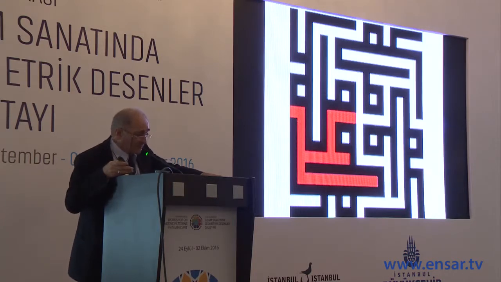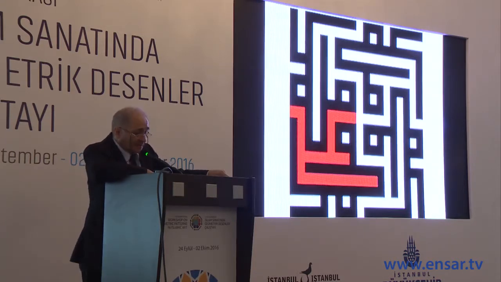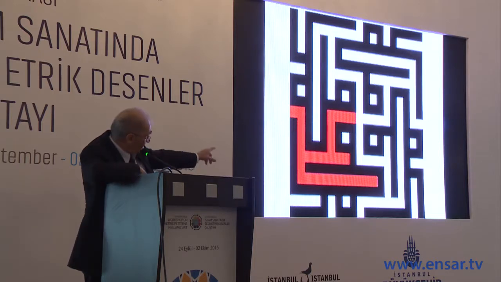This composition has an important difference from other C4 symmetrical Muhammad patterns. When you look carefully, we can see hidden Ali names between four Muhammad names. You see in red color Ali names between Muhammad names.